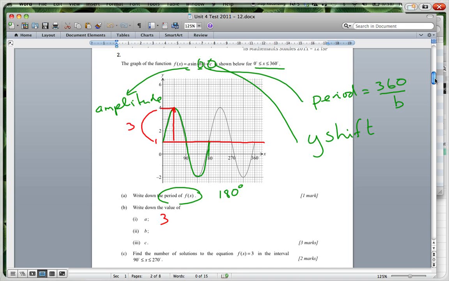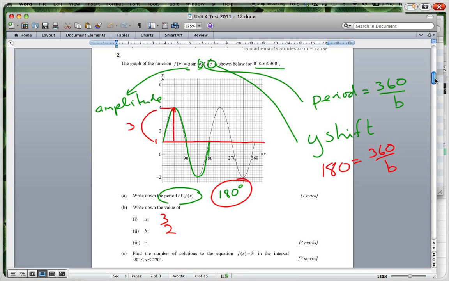Okay, good. All right, B. You want to work out B now. We already know what the period is. It's 180. And that's equal to 360 divided by B. What must B be? 2. And how much of a shift is there in this graph? How much has this shifted?